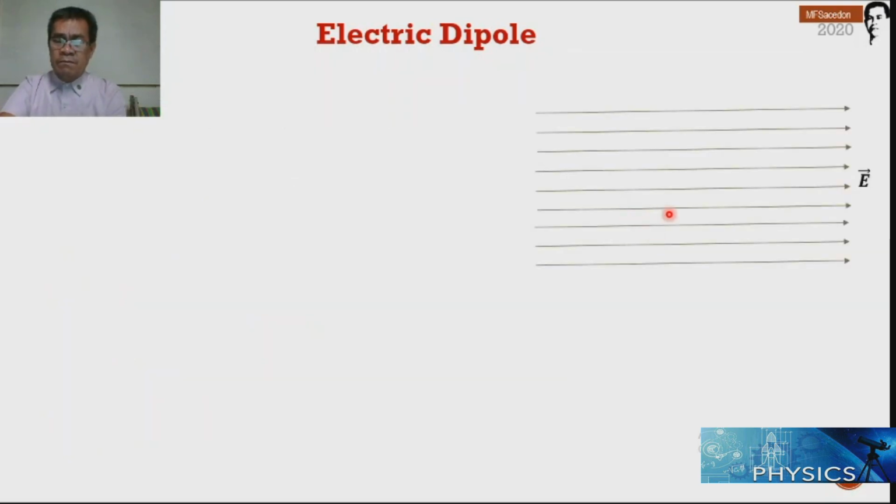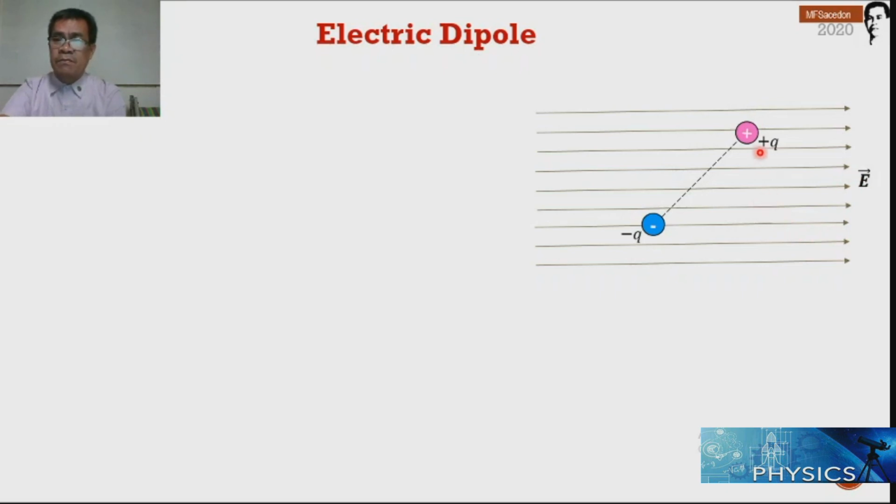So, if we have a constant electric field and we place the electric dipole in it, then this dipole is subjected to a force, because the charges will experience a force due to the presence of the electric field. Both negative and positive charges experience a force due to the constant electric field.